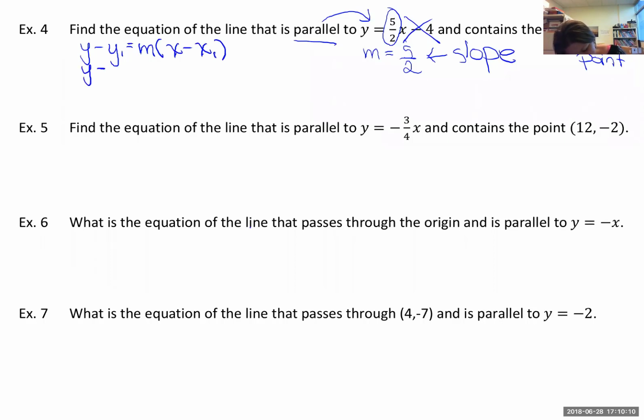Remember that the y is the y value of your point. So in this case, it'll be 3. And that will be equal to the m. The m is your slope that you just found, 5/2. You stole that from the other line because they share a slope if they're parallel. X minus, and of course my x1 is the x value of my point. My x value of my point is -4.